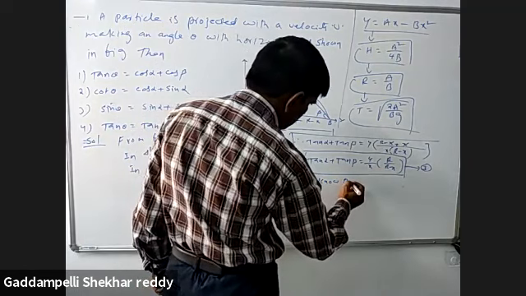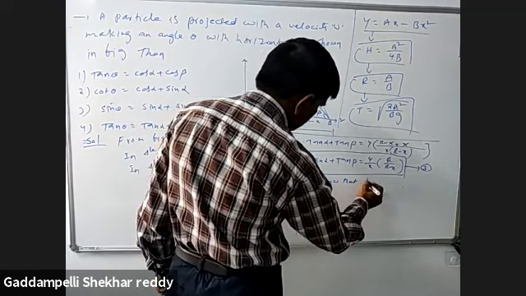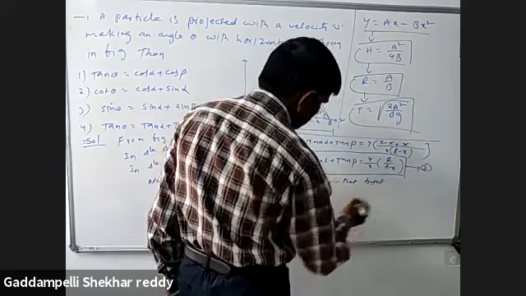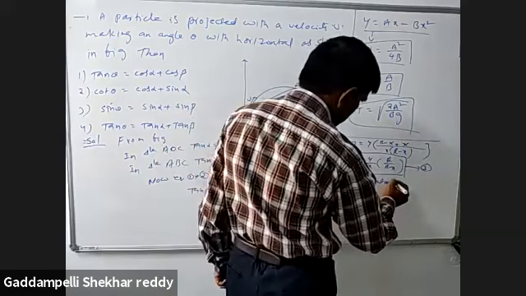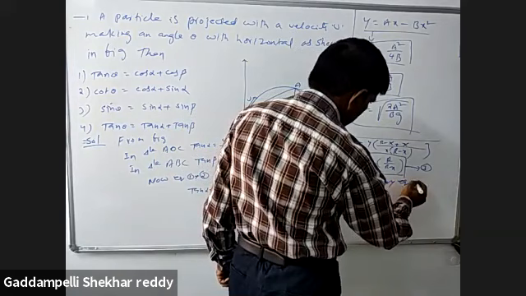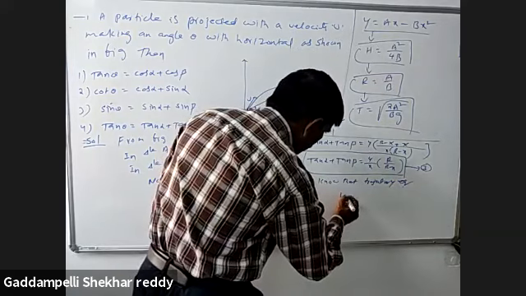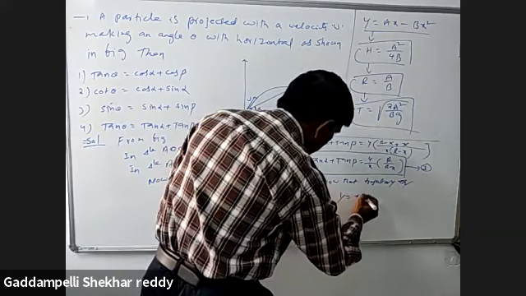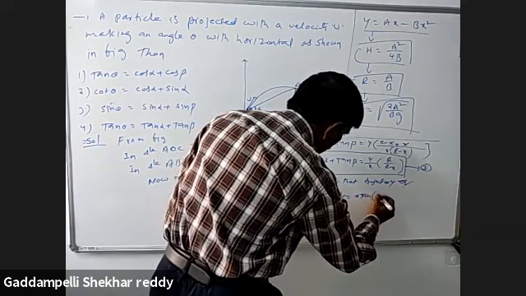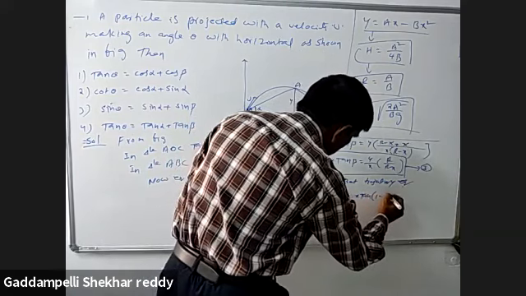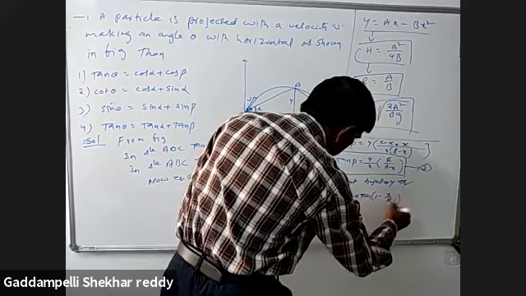We know the trajectory equation: y is equal to x tan theta of 1 minus x by r.